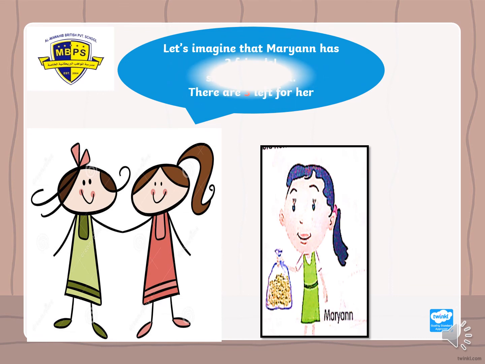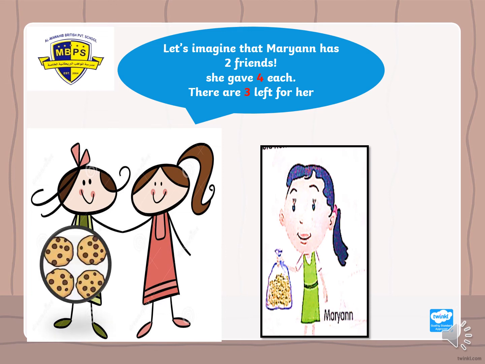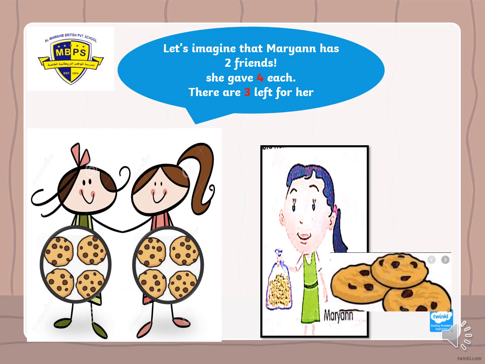Let's imagine that Marianne has 2 friends. If she has 2 friends, and she is going to give 4 cookies to each one of them, so she gave 4 to each one. And don't forget that she left 3 cookies for herself. Now, if I imagine that she has 2 friends and she gave 4 cookies to each one of her friends and she has 3 left, could you count all the cookies?